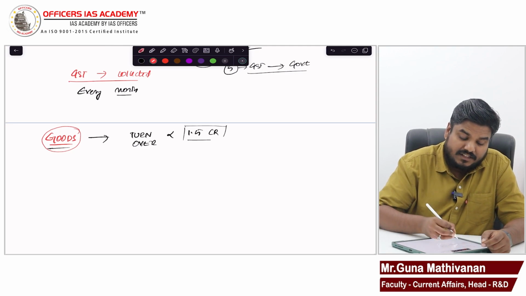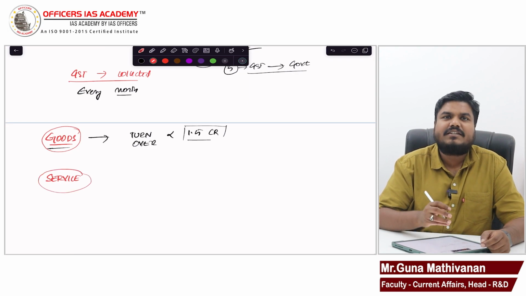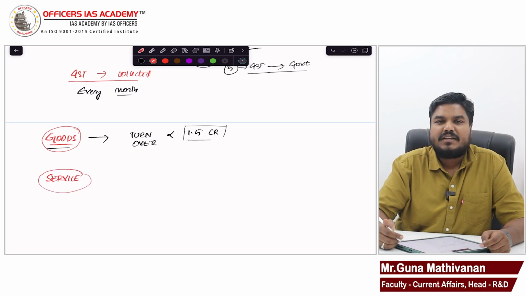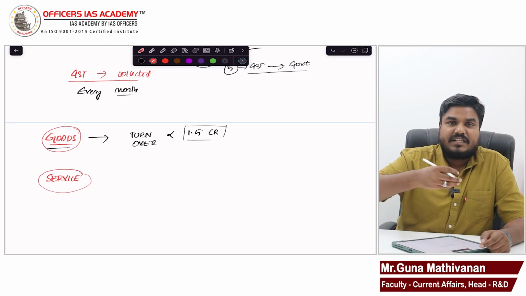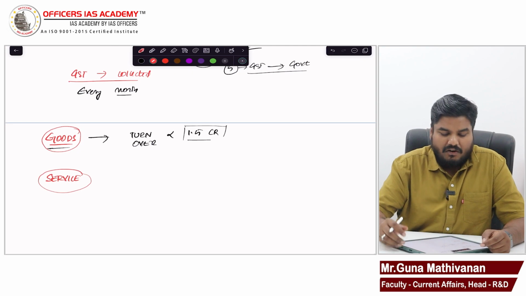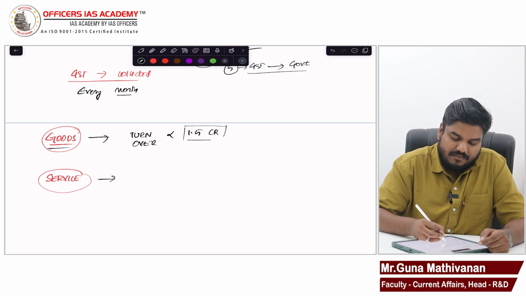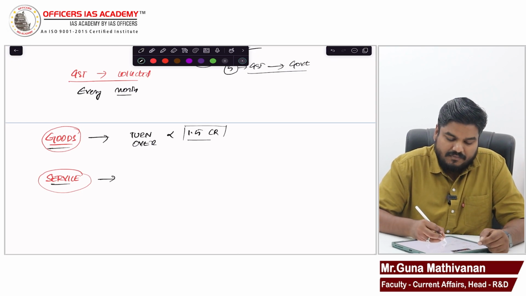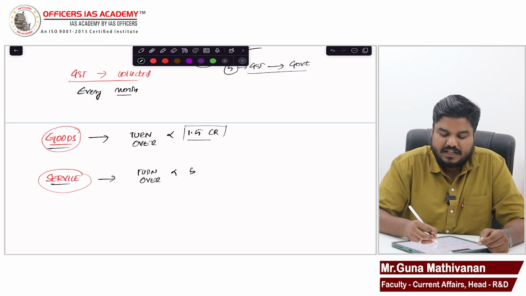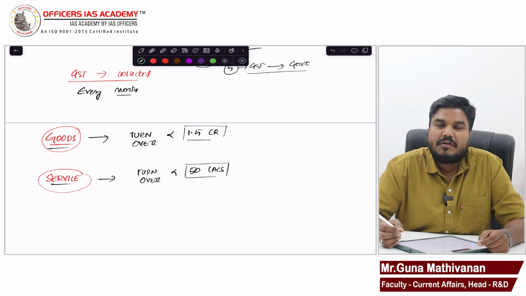If he is dealing with services, if he is a service provider, it might be a parlor, it might be a music academy, it can be an IAS coaching center, right? All these are service providers. So, if the turnover is less than 50 lakhs, then the service provider can opt for composition levy.